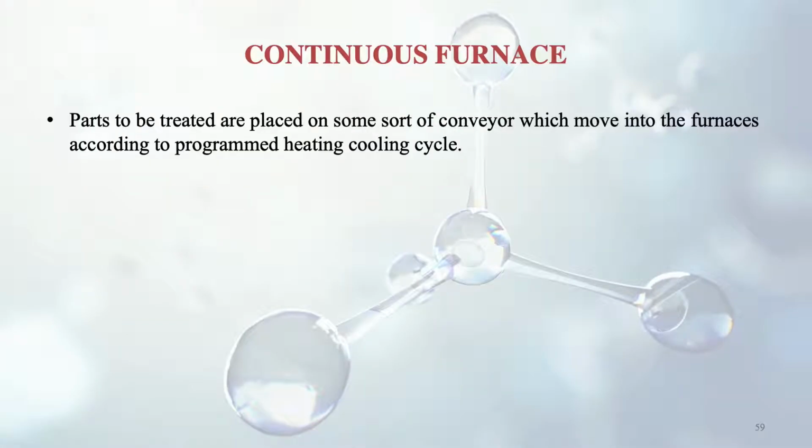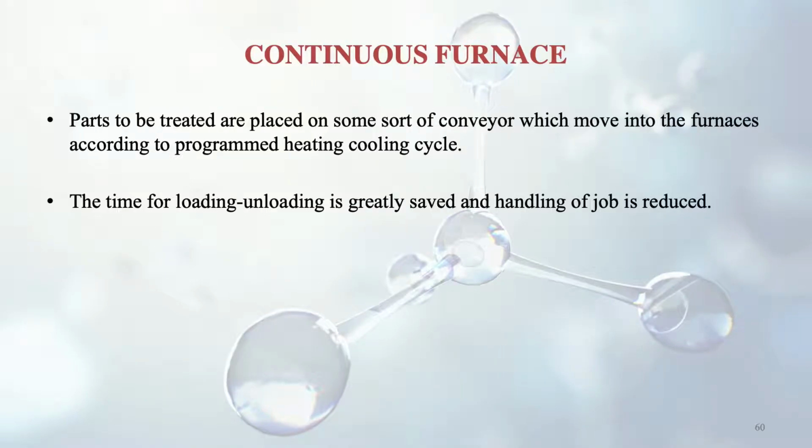So after discussing the batch kinds of furnaces, there were 4 types in that category, we discuss the continuous furnace. So this is also very important, because parts to be treated are placed on some sort of conveyor which is continuously moving into the furnace according to a programmed heating cooling cycle. So we have the program type of thing where we get the heating cooling cycle, and that is programmed and the conveyor is moving accordingly.